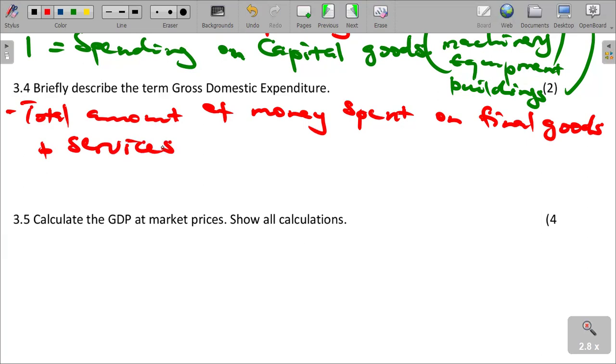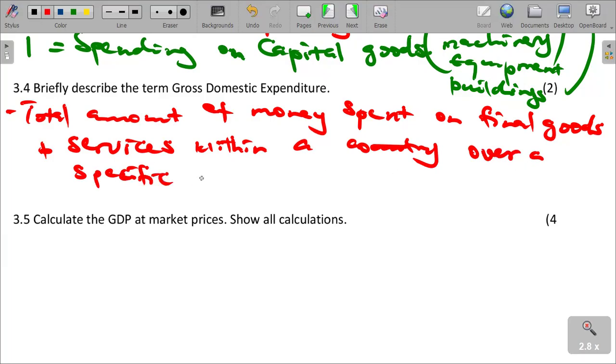This is spent on final goods and services within a country during a specific period. We call that gross domestic expenditure: the total amount of money that has been spent on final goods and services within a country over a specific period.